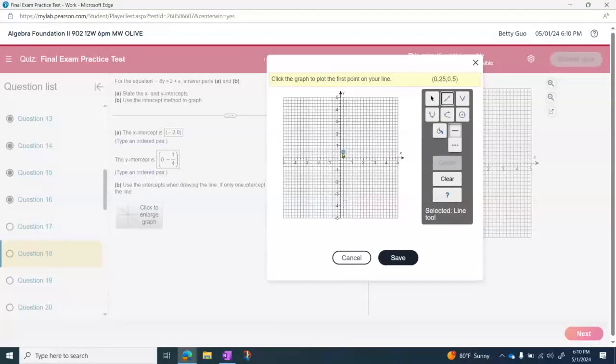Use this, and negative 2, comma, 0. Then 0, comma, -1 over 4. That's going to be challenging for me. I'm counting the grid marks on the axes.